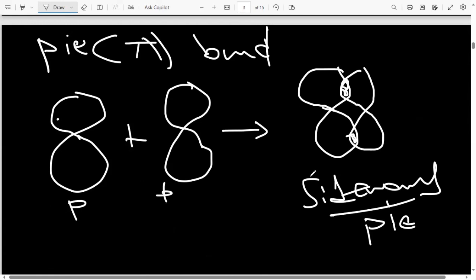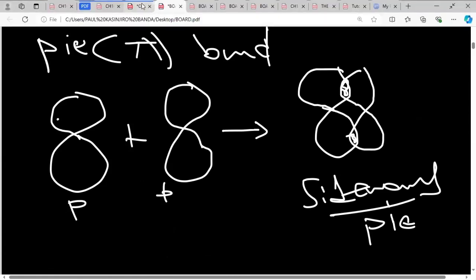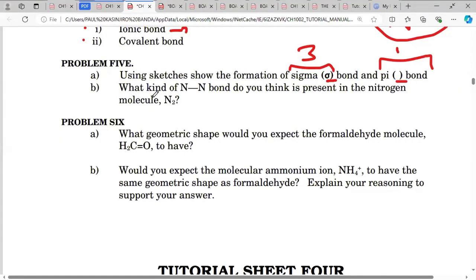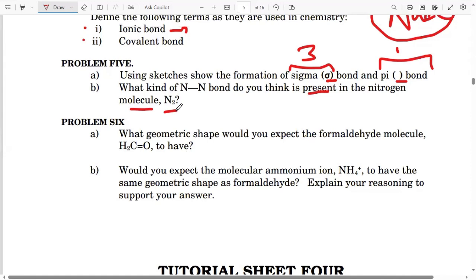Okay, and then let's go to the other question, which is number 5b. Here they're saying, what kind of N-to-N bonds do you think is present in the nitrogen molecule, N2? So the first thing to note is that in the nitrogen molecule, we have a triple bond present there. For us to find what type of bond the N-to-N bond is, we have to draw the Lewis structure of this.